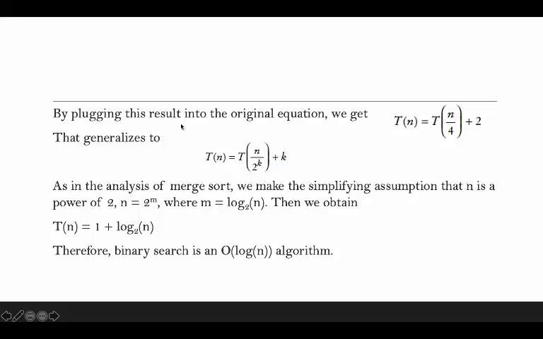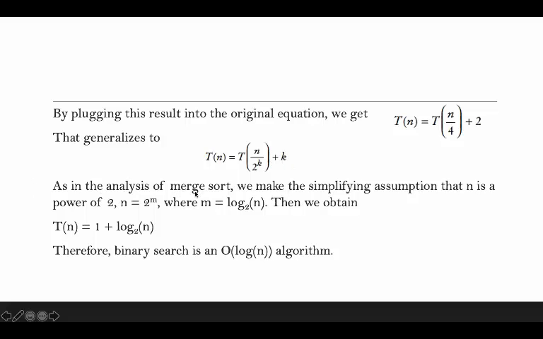By plugging this result into the original equation, we get T of n is equal to T of n by 4 plus 2. And it generalizes to T of n is equal to T of n by 2 power k plus k, where k can be 1 or 2 or 3, like that.